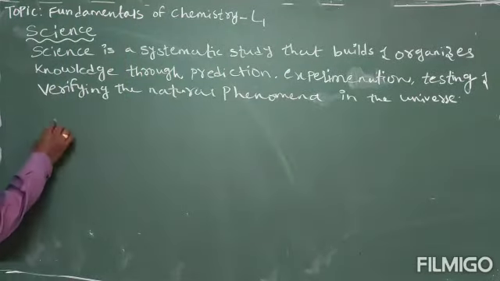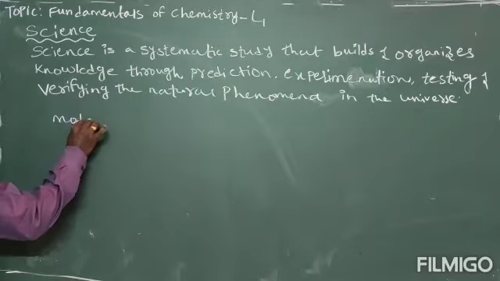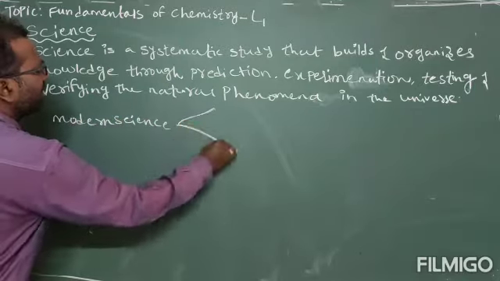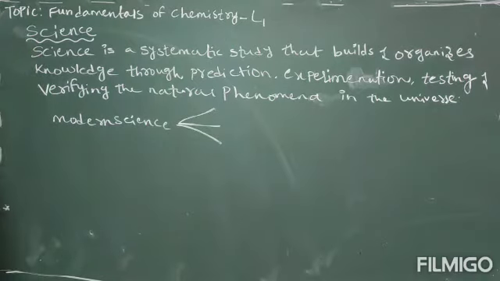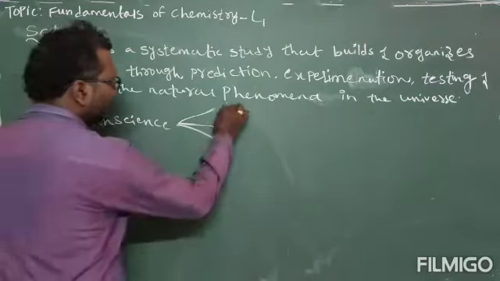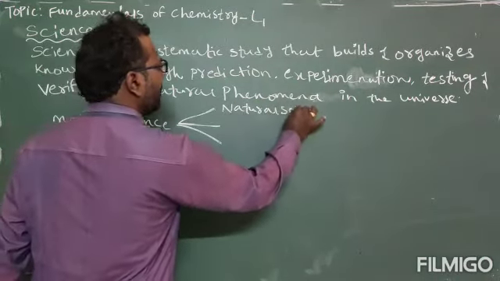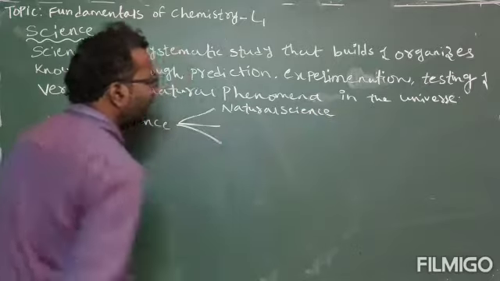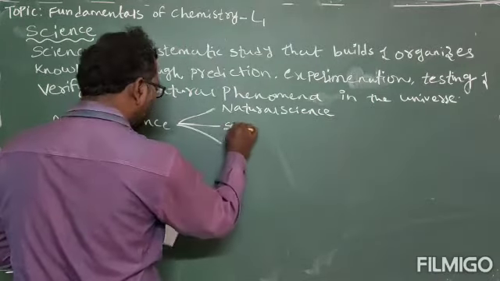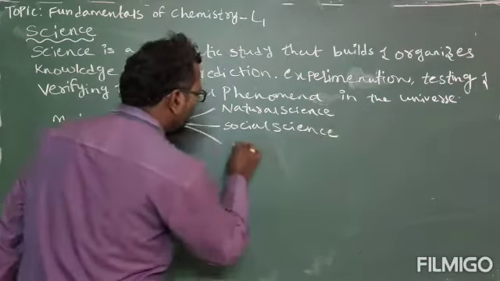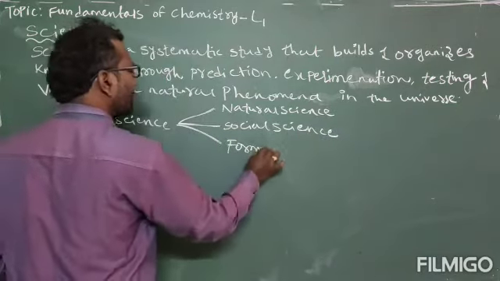And generally, now we have modern science. This modern science is typically of 3 branches. In India, we are studying this in 3 branches. One is natural science, another one is social science, and another part is formal science.